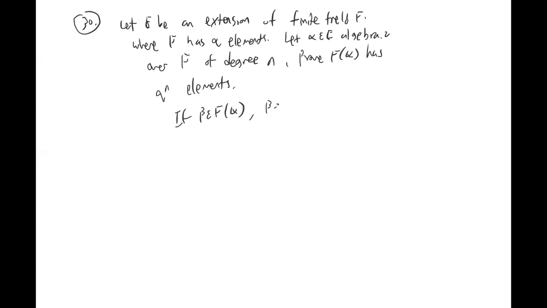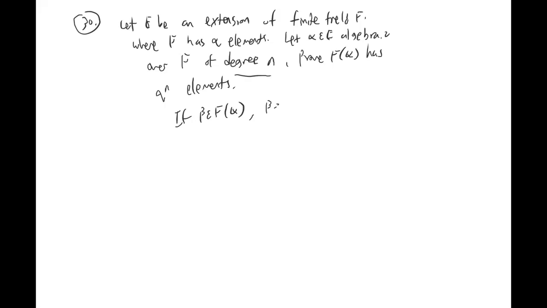So it's degree n. So the irreducible polynomial is of degree n. So how can I express beta? Using that theorem I just told you about like 25 minutes ago. Linear combination of what?